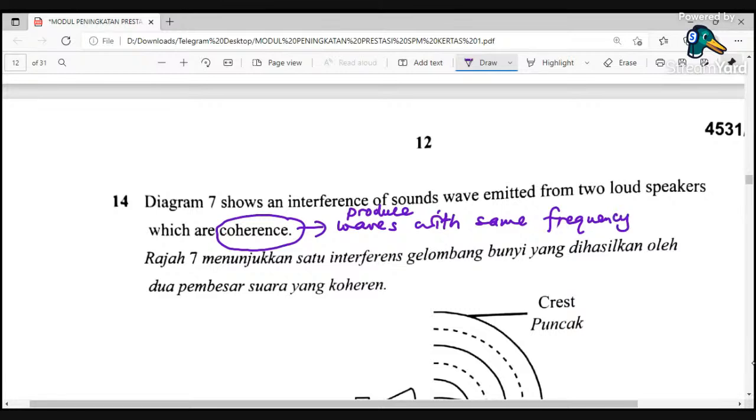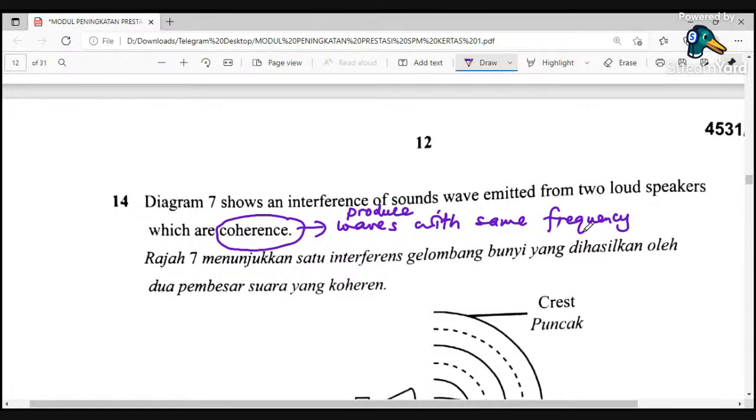Okay, same wavelength and same phase difference, ataupun same phase pun boleh. Okay, yang paling penting dia same frequency. Kalau dia same frequency, automatic same wavelength.